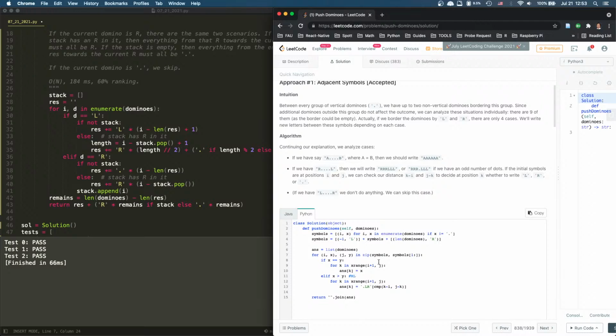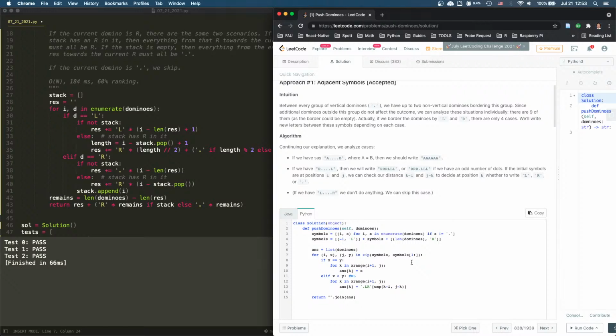And when we zip symbols and symbols 1, interesting. We zip symbols and the symbols 1. That means we are saying we're finding the pairs, right? That's what we're trying to do. We're finding the pairs.